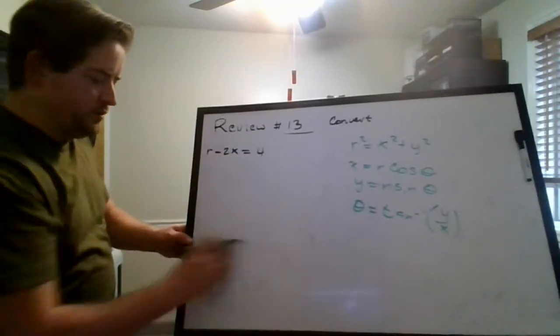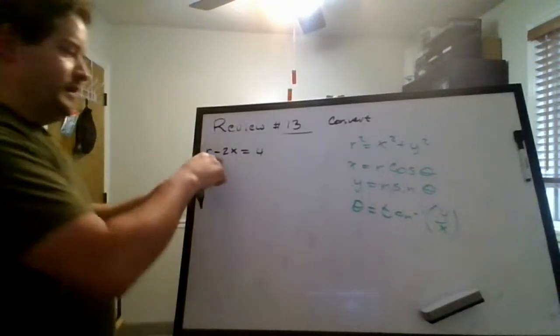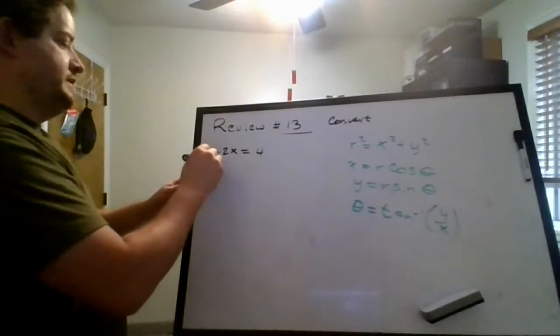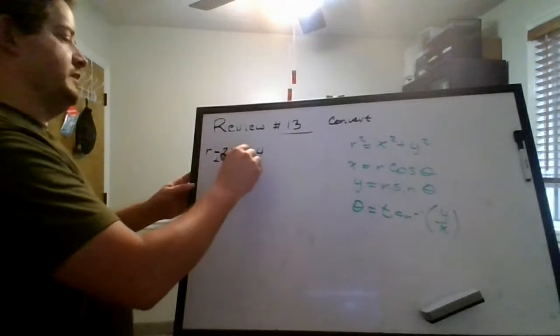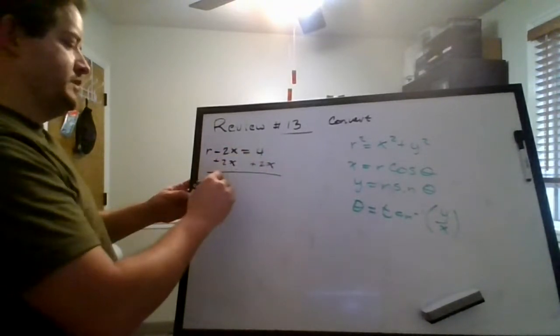I'm going to add 2x to both sides to isolate my r. So I have r equals 2x plus 4.